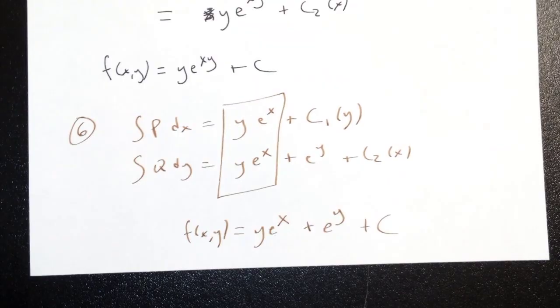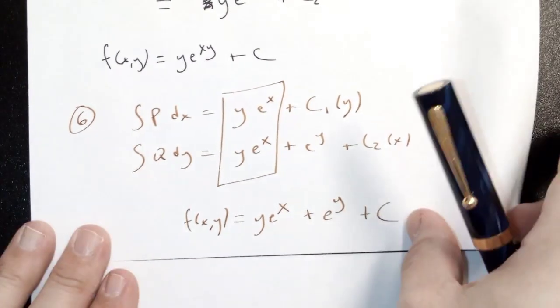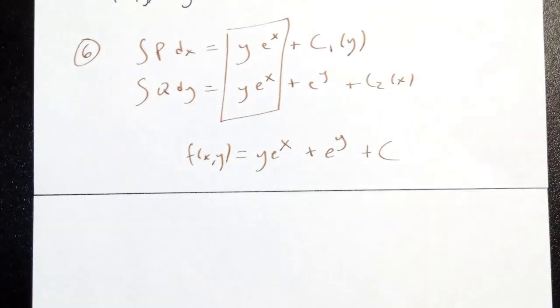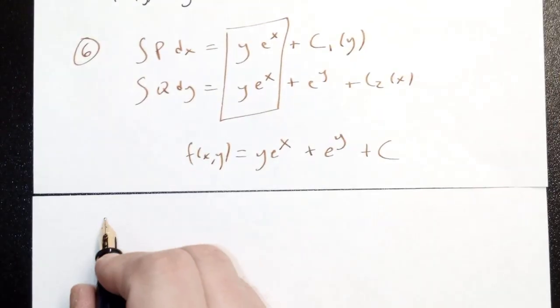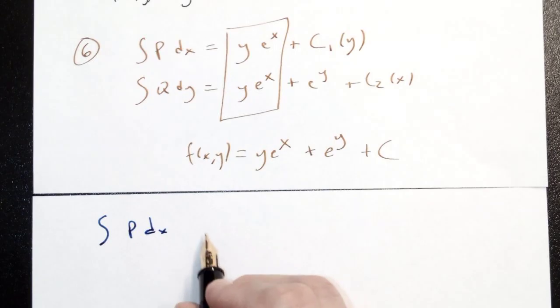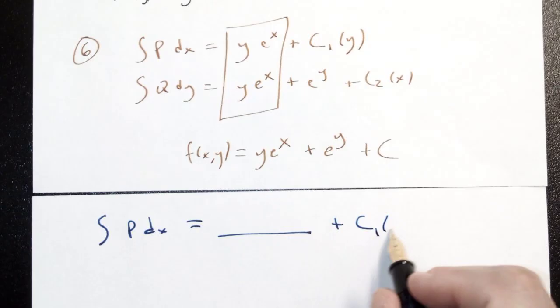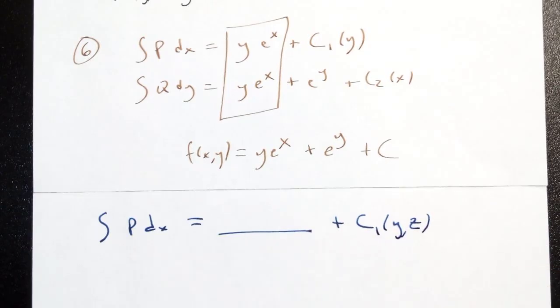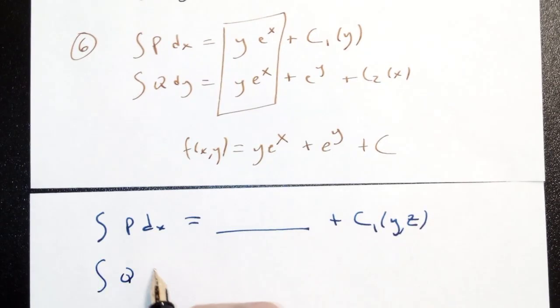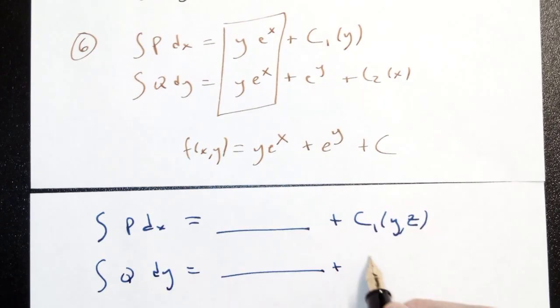So if I'm doing three variables, then I do the integral of p dx, and I get stuff plus a constant, but that constant could have y or z. When I do the integral of q, stuff plus a constant in x or z.